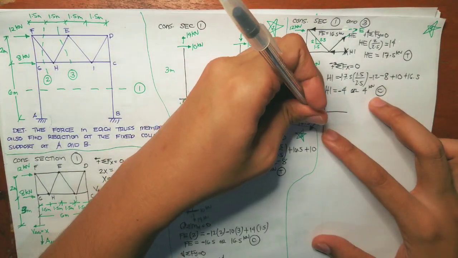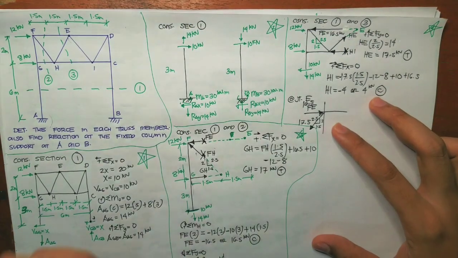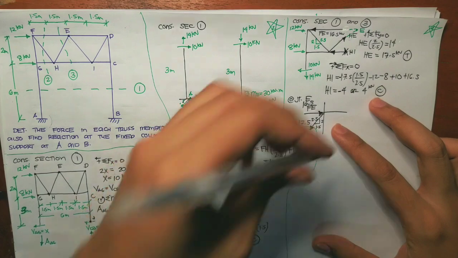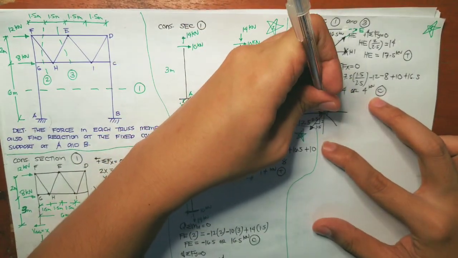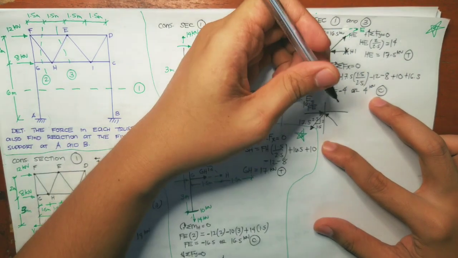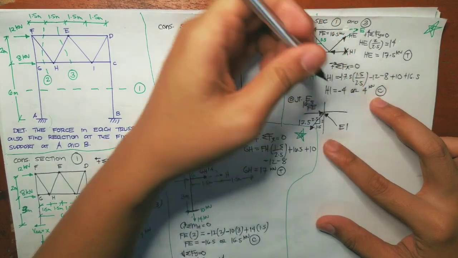Okay, so slope is given as 2, 1.5, 2.5. Okay guys, so analyze natin mabuti. Paano ba natin i-assume? So, considering the Y component of the force, so merong ang pababa. So, dapat ito, pataas. Okay, so this will be the direction of your EI.